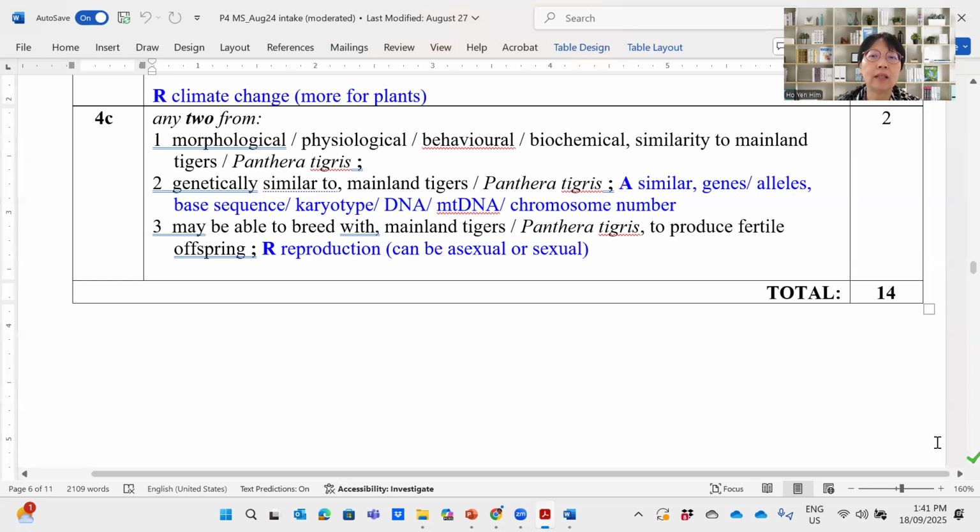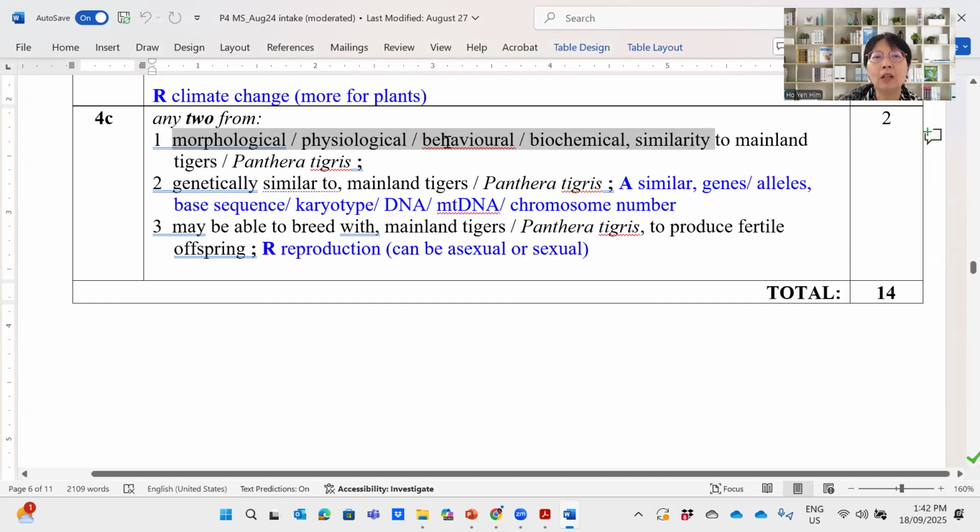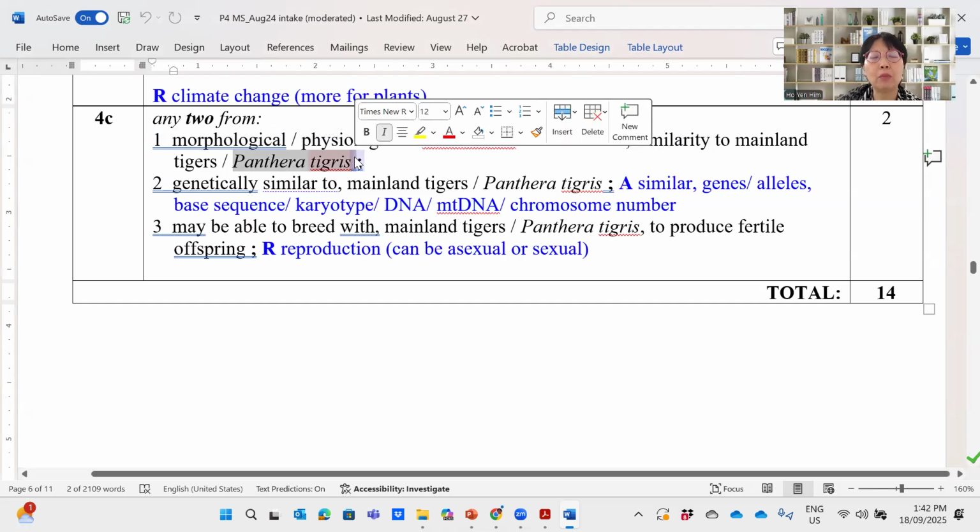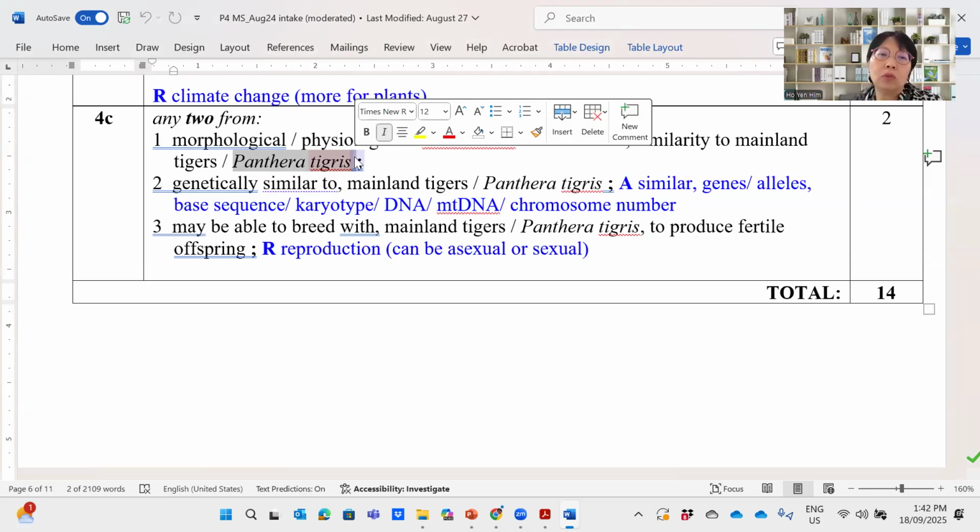Why are they considered the same species? Two individuals are considered the same species because, by definition, they are morphologically or physiologically or behaviorally or biochemically similar to Panthera tigris. Because they are similar to them.